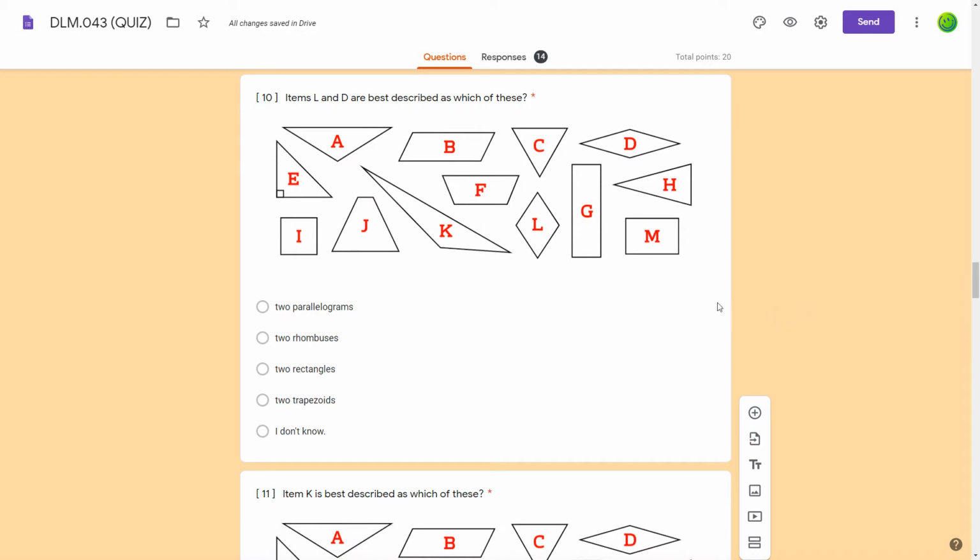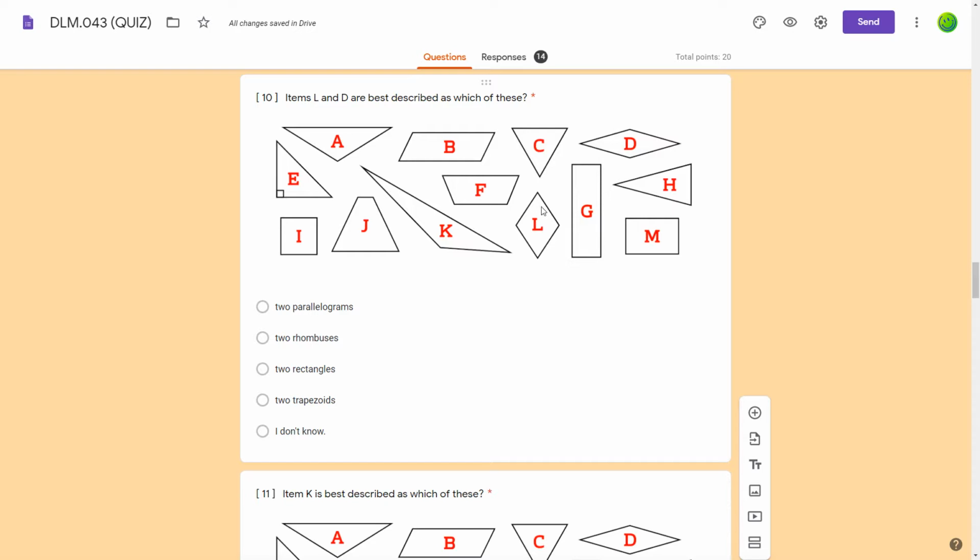Number 10, items L and D. So let's find L. L is here, D is there. So L and D are the names you used to call diamonds back when you were a little kid, and now we call them rhombuses, and here's why. A rhombus is a 4-sided shape where all 4 sides have the same length, but their angles are not 90 degrees.